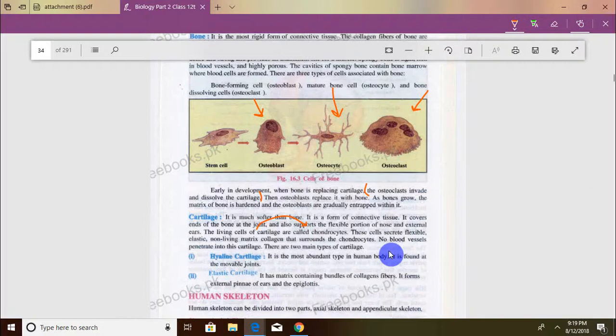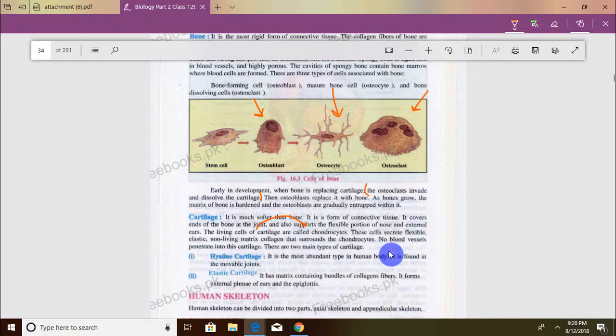They secrete, and these are important points, their secretion happens to be flexible, elastic, and unsurprisingly non-living cartilage. Matrix cartilage is the word they have used, and they've said that it surrounds the chondrocyte, the very secretions surround the very cell that has produced them.